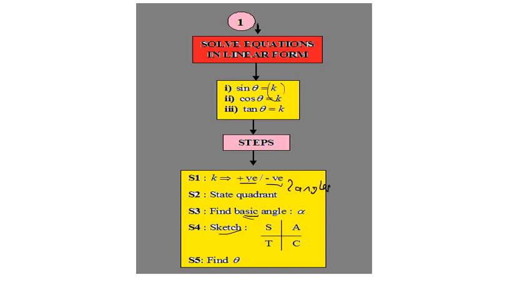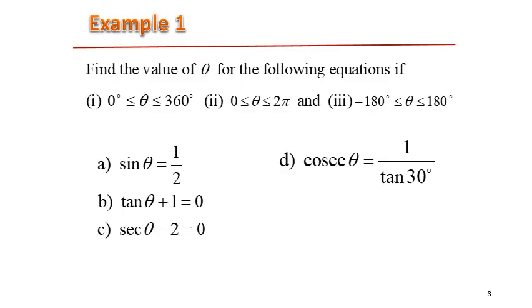We'll see how we use all these steps. Right, so look at example 1 here. Find the values of theta. Apart from solving, we will also discuss the various types of intervals. The first one is positive angle, which is between 0 and 360 degrees. The second one, in terms of radians, is between 0 and 2 pi.